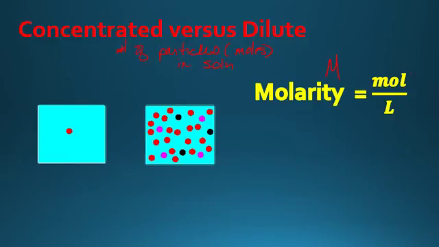Out of these two pictures, which one would you say is more dilute? Well, we can actually use numbers to describe it. If I picture each one of these little balls as being a mole, so we'll pretend that this is 1 mole, and the box is 1 liter, then this would have a molarity of 1.